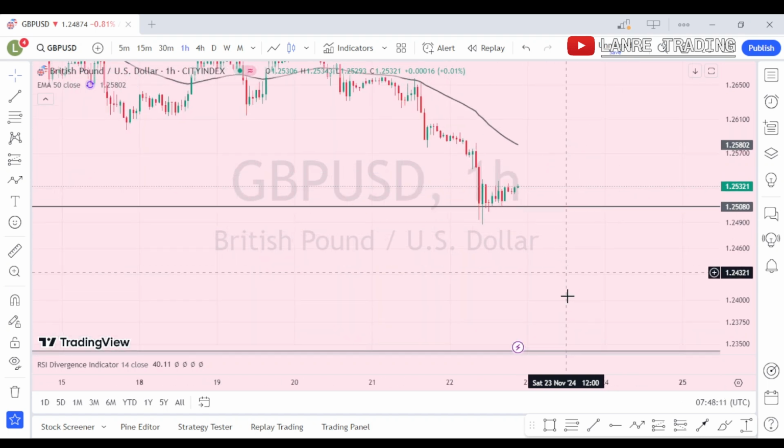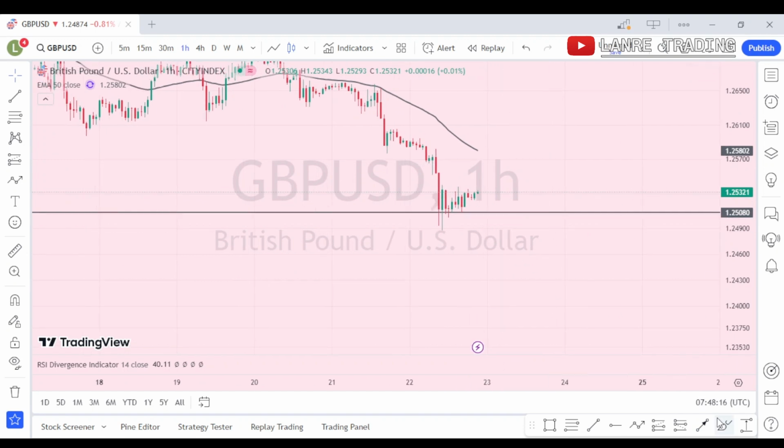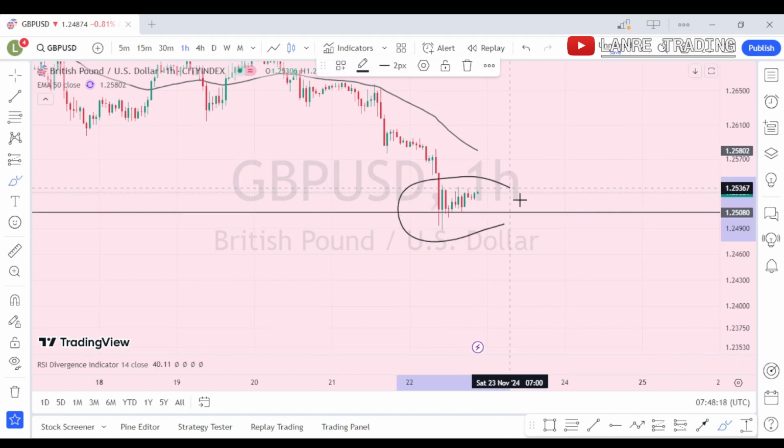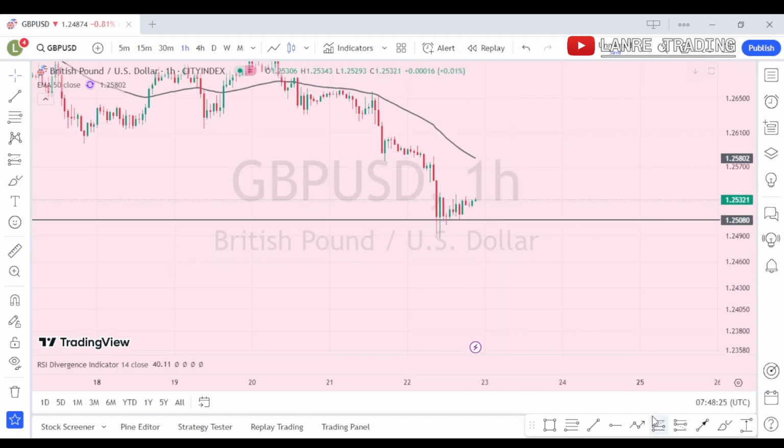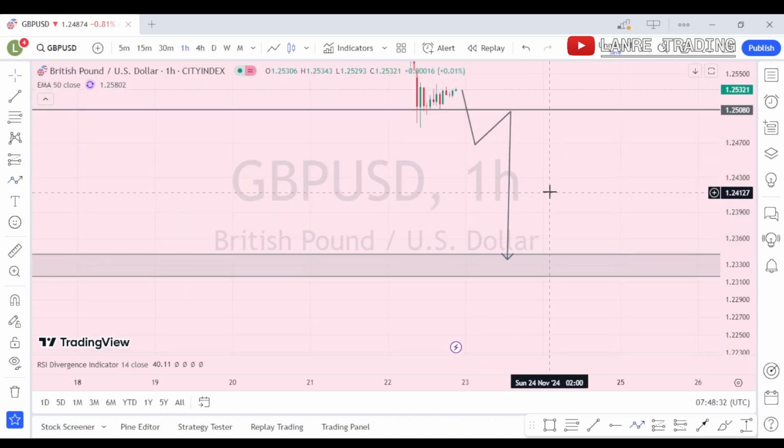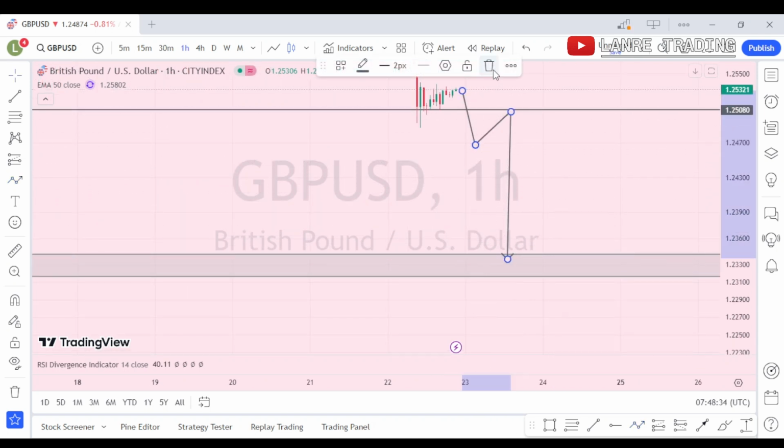So let's patiently wait for this particular level to be taken out. Whatever price wants to do at this level, we definitely react to it. If price breaks out, we definitely look for a short position down to that level.